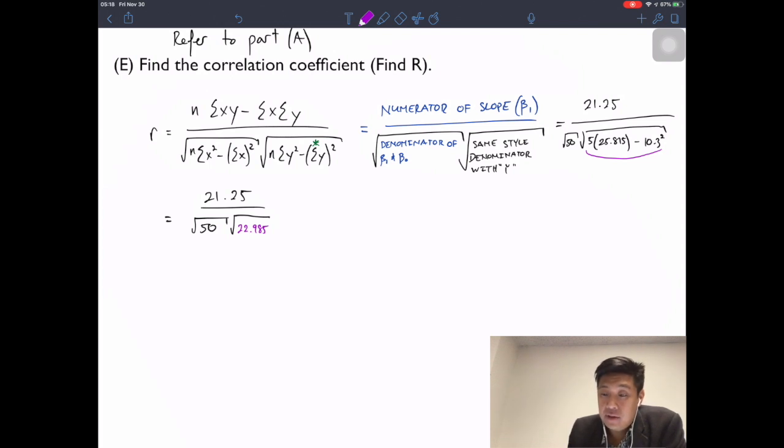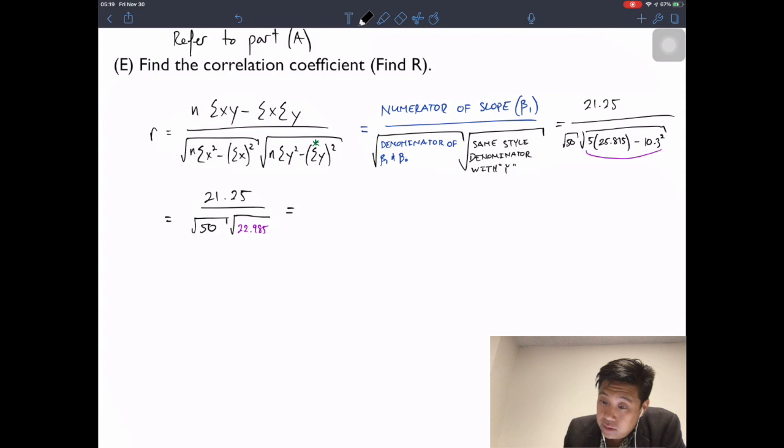Now, a big note, do not forget the parentheses in the denominator, because you want to make sure that the 21.25, or in other words, the numerator, is divided by the product of the square roots. So if you're punching this on your calculator, you want to make sure that you have 21.25 divide and open a parentheses right there.